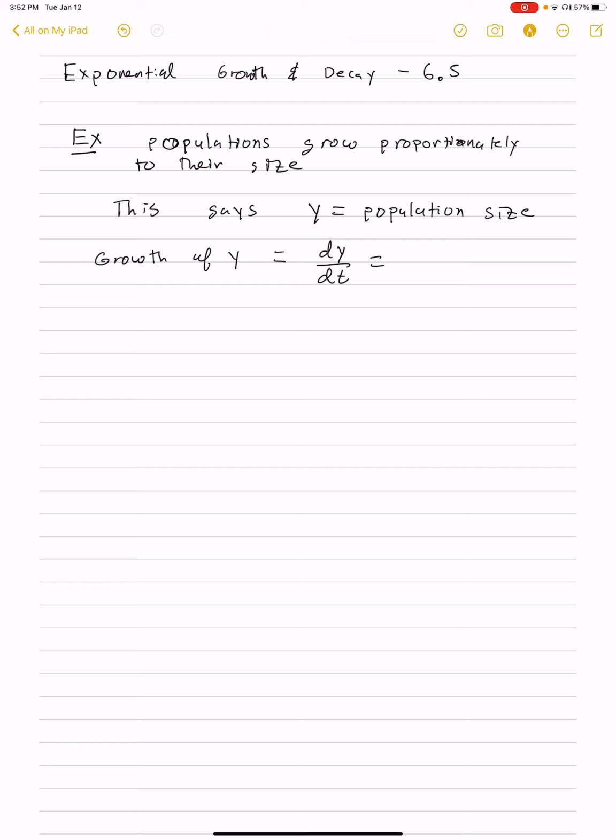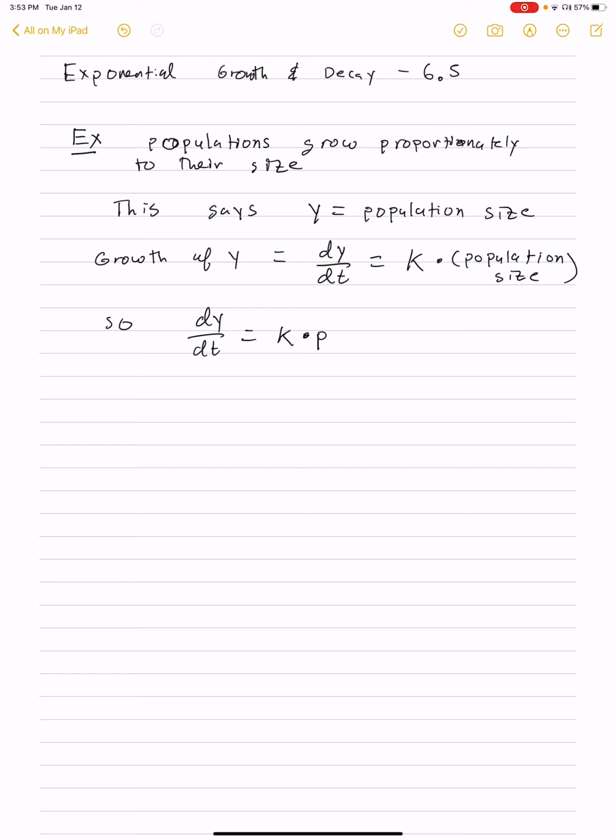And we said it's proportional to its size or population size, and the population size is nothing more than y itself. So dy/dt is equal to k times p, the population size.